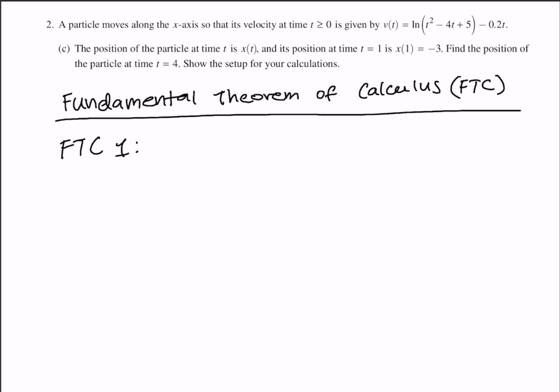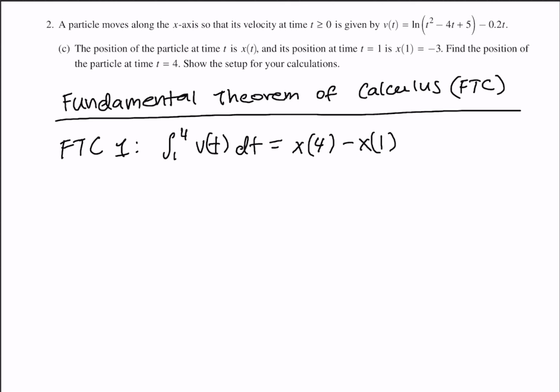How we're going to use this is by showing that the integral from 1 to 4 of v of t dt, v of t being the derivative of x of t, equals x of 4 minus x of 1.